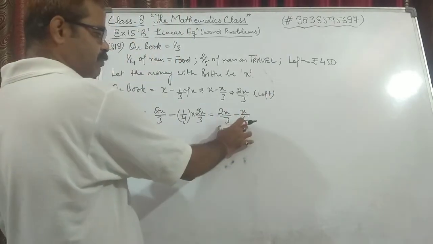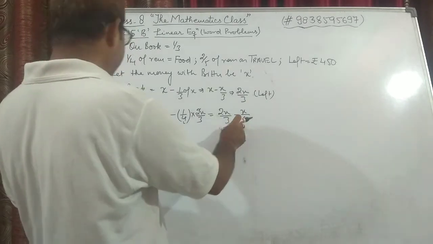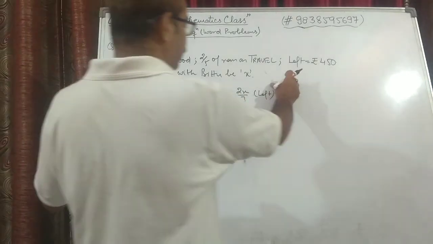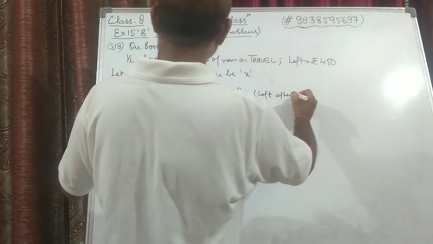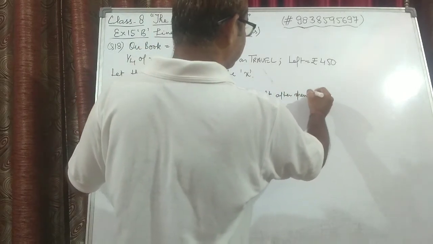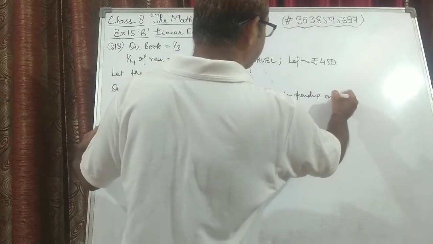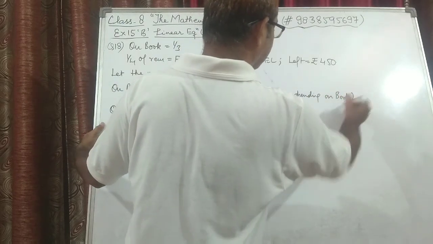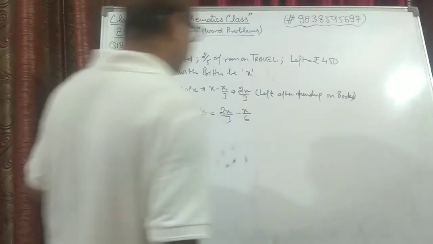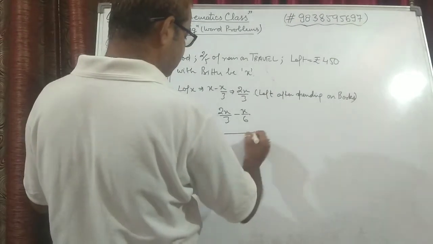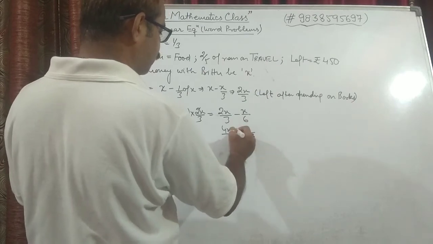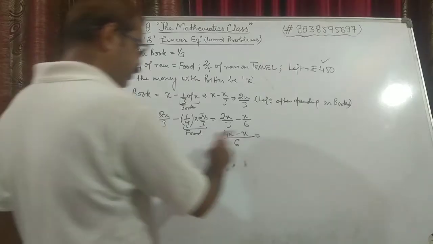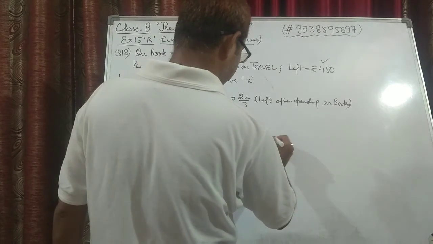Now when you subtract, whatever we get will be the amount left after spending on the food. Now LCM will be 6, so 4x minus x, that is 3x upon 6.